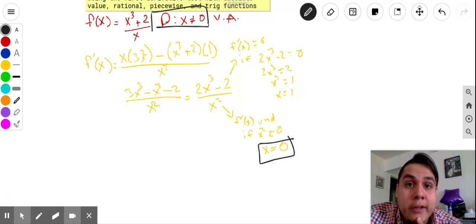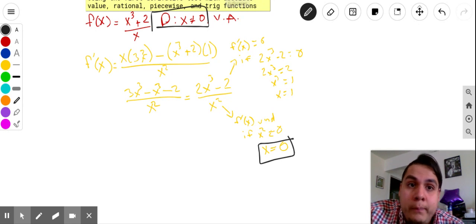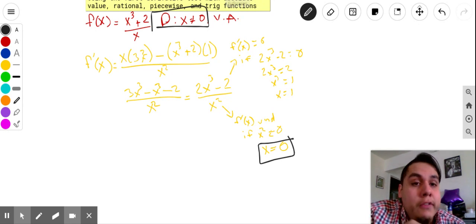So I'm still going to do my number line stuff that I typically do, and I'm going to evaluate it, but I have to note that I have an asymptote there that was outside my domain, so I wouldn't count that as a critical number. But I'm still going to use it for testing purposes, and hopefully you'll see what happens there.